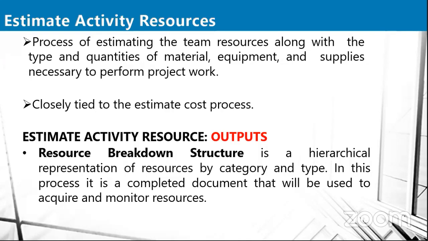You have to consider that also, so it's somehow tied to cost management. On the output, you have the resource breakdown structure, a hierarchy representing the resources by category and by type. In this process, it is a completed document that will be used to acquire and monitor those resources.